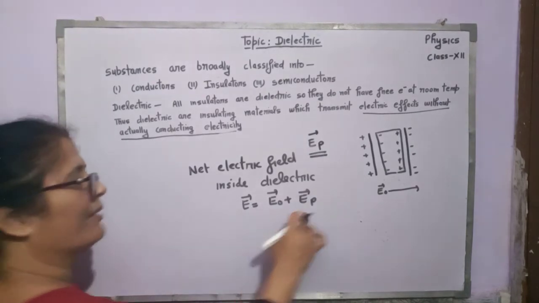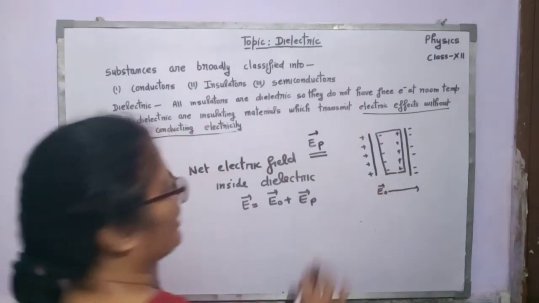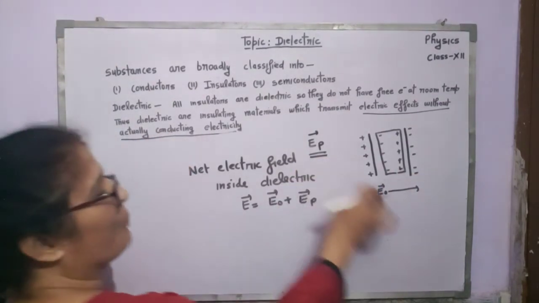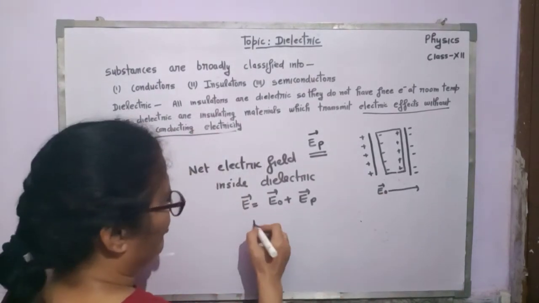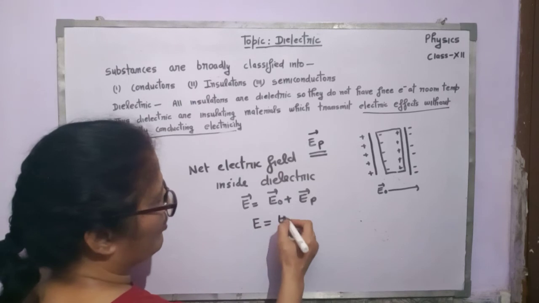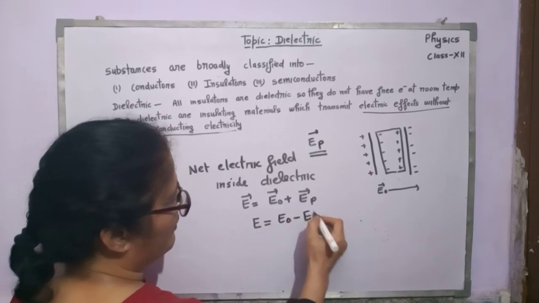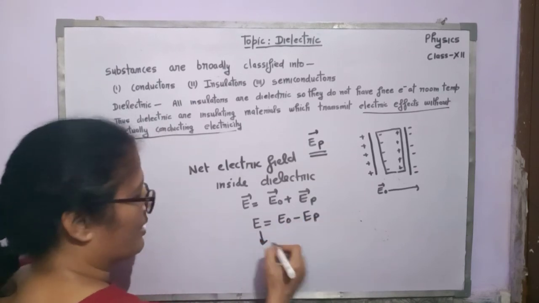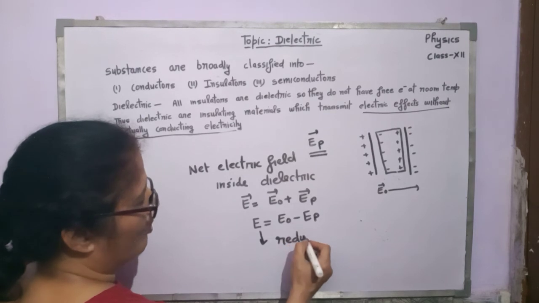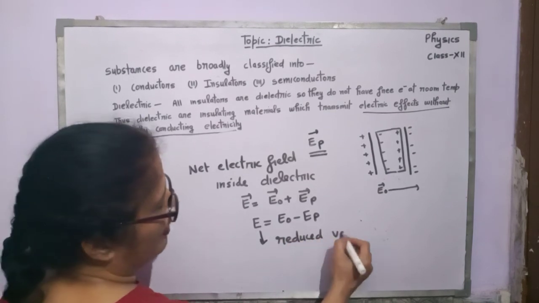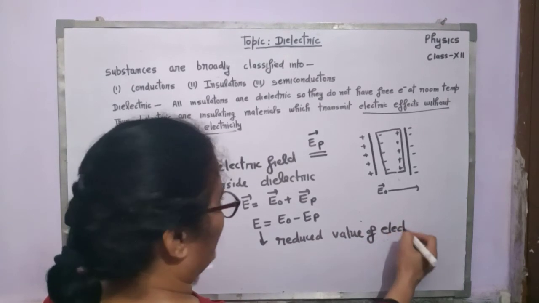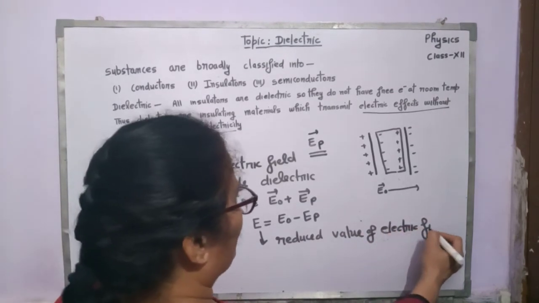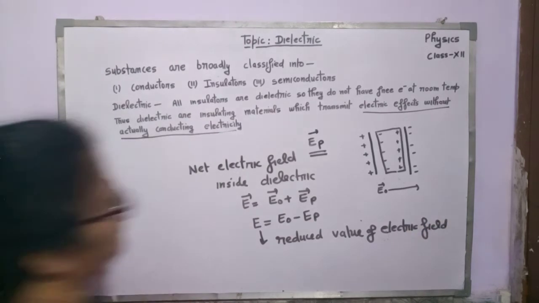And P means when the dielectric is introduced between the plates. Now both electric fields are in the opposite direction. Therefore, in magnitude you can write E is equal to E naught minus E P. This is known as the reduced value of the electric field.